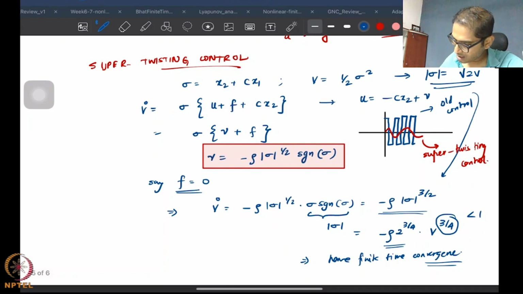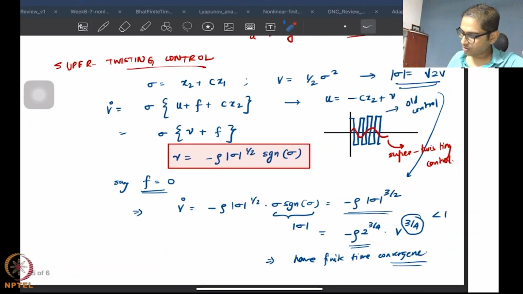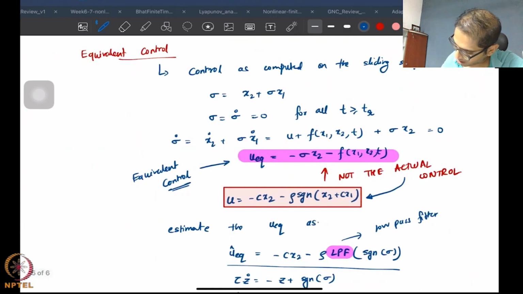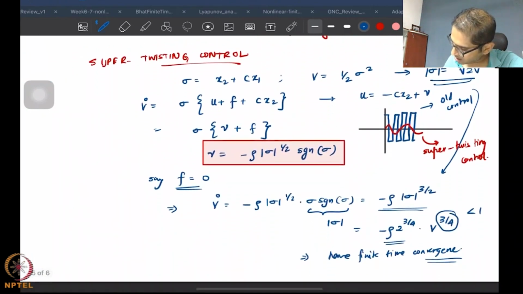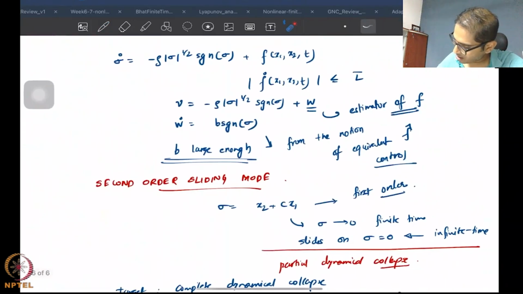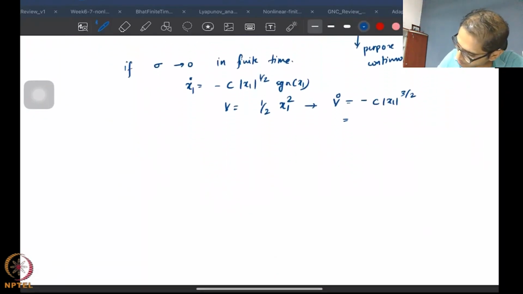Instead of sigma, there will be just x1. So I'm going to get v dot as minus c absolute x1 to the power 3 by 2, and that is just going to be minus 2 to the power 3/4 c v to the power 3/4, right?